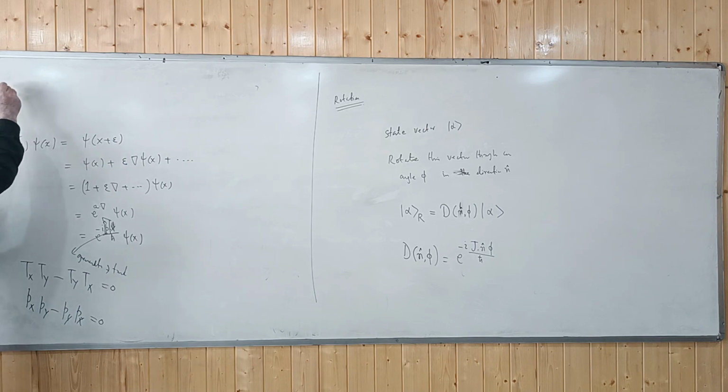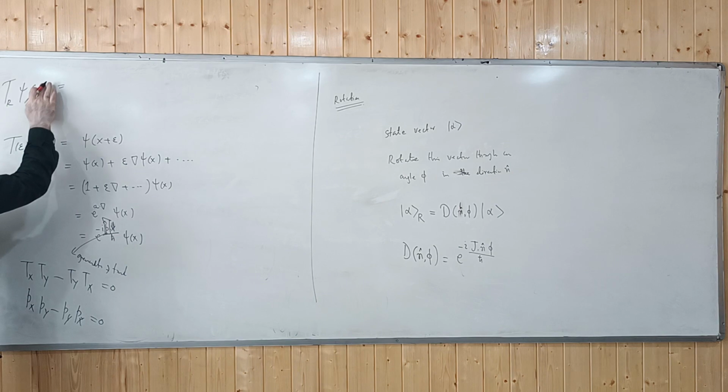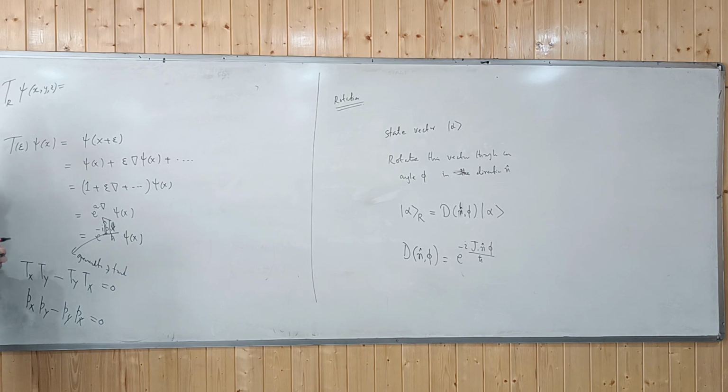Let's say you have an operator t that describes the infinitesimal rotations. So let's take x, y, z. I will take these three coordinates explicitly. Let's say the rotation is along the z direction. That means you are rotating in the xy plane.